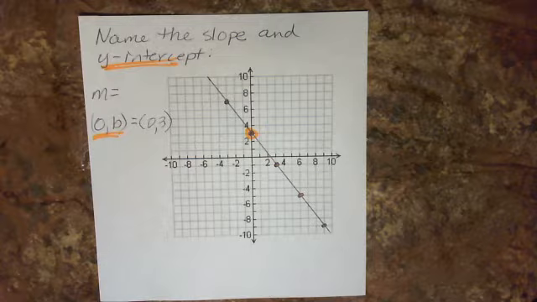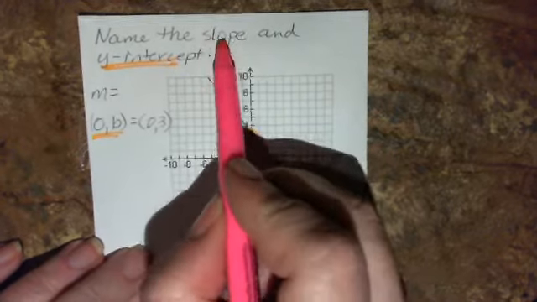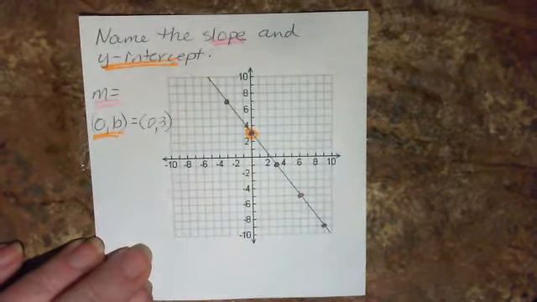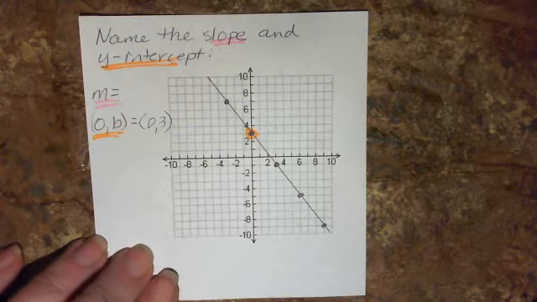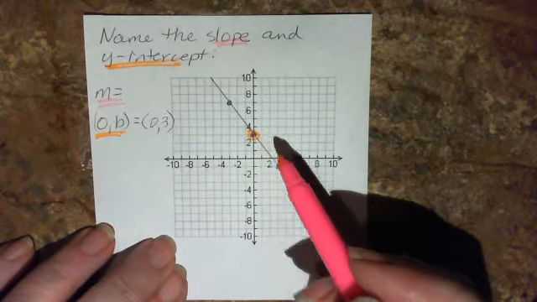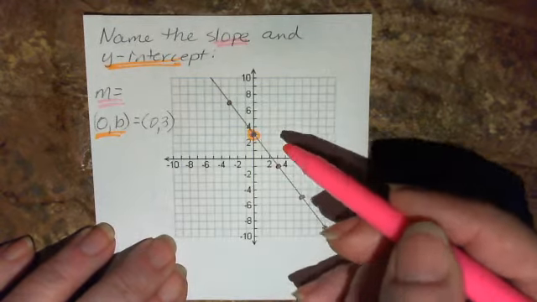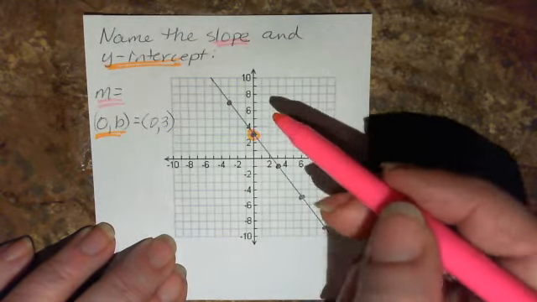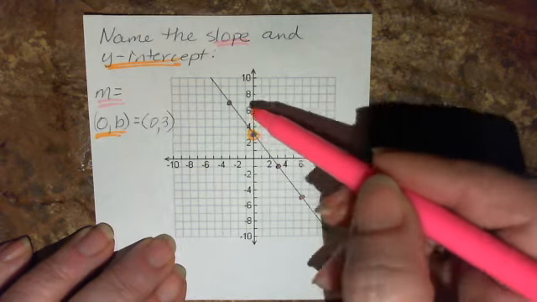Now remember the slope. We let the variable m stand for slope, and the slope going from point to point is the rise over the run, or the vertical change over the horizontal change.